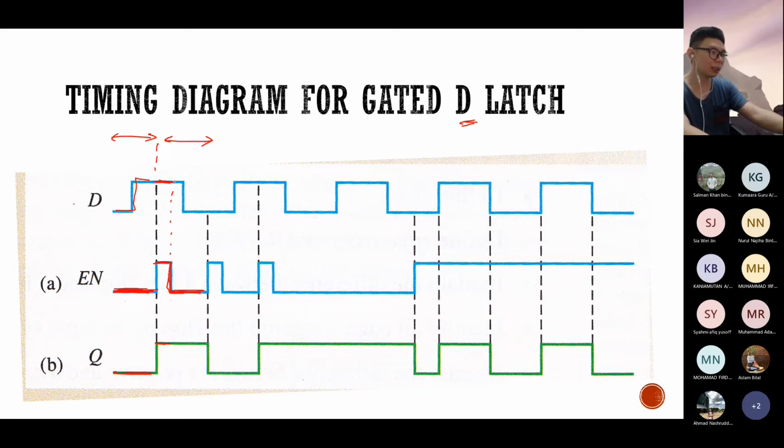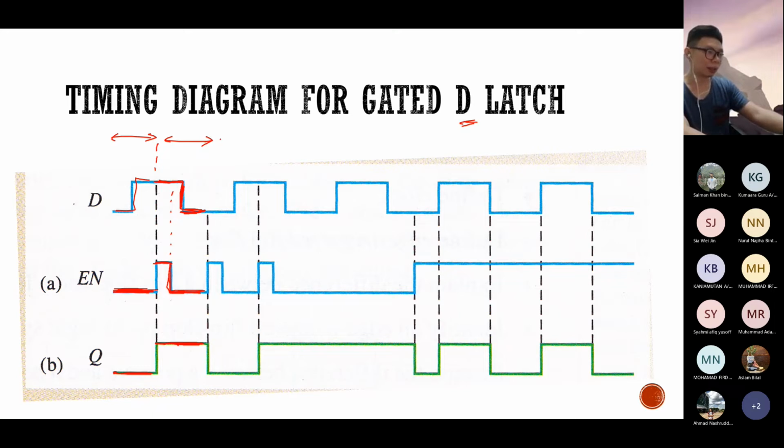Even though you change the value over here, because the latch is off already, it's not going to change anything. The value over here is latched. It will not change because originally it's already a 1, and you don't give it an enable.